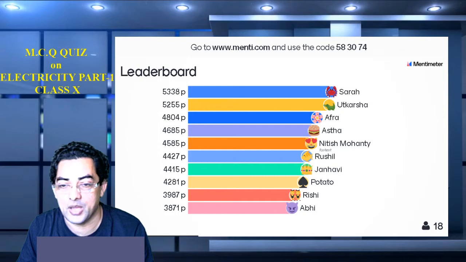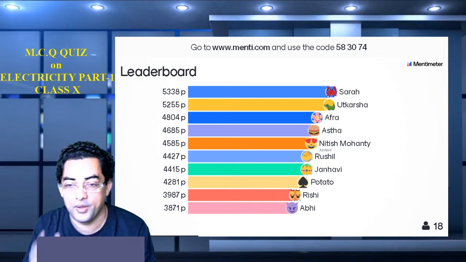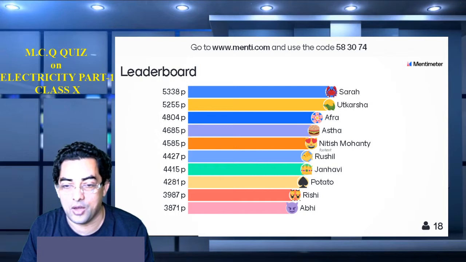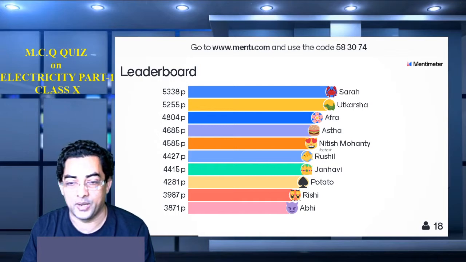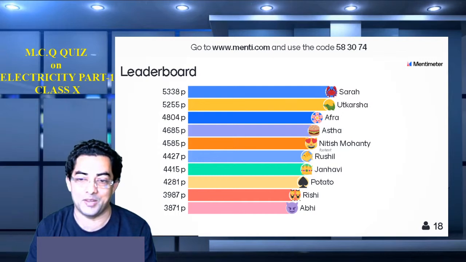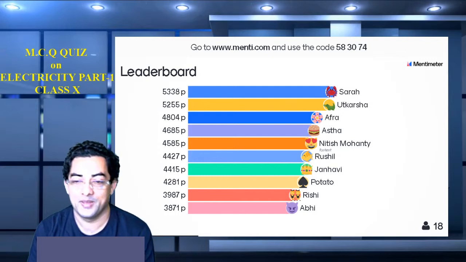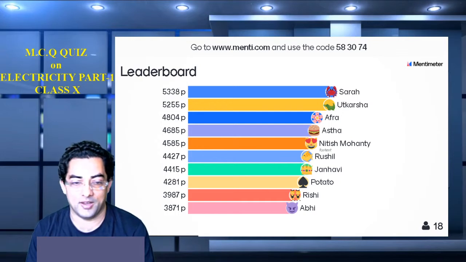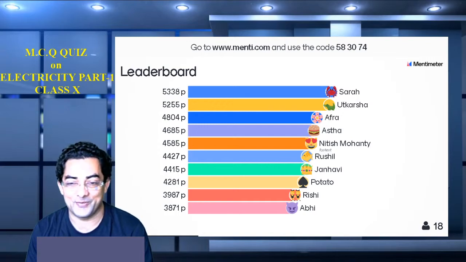Nitish has jumped to position number 5, followed by Rushil the fish, Janvi the crown, Potato the, बताने नहीं वाला हूं, चलिए बताइए, टाइप करके बताइए. This is from probability. Potato the, what is the symbol for potato? Potato the, come on. This is a question itself.